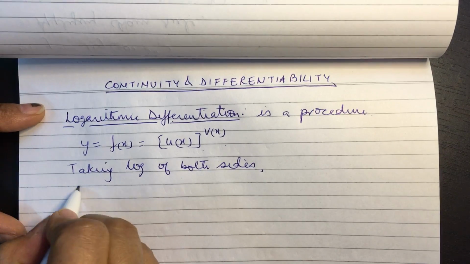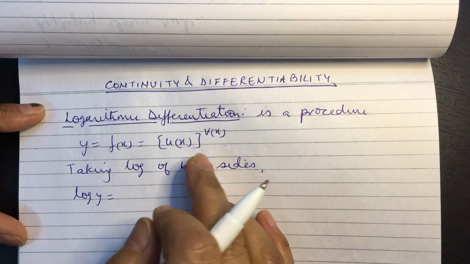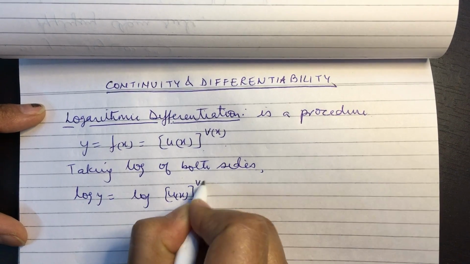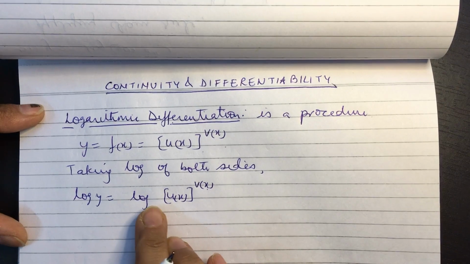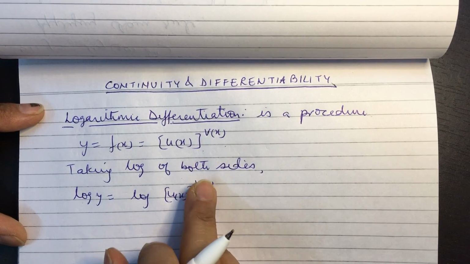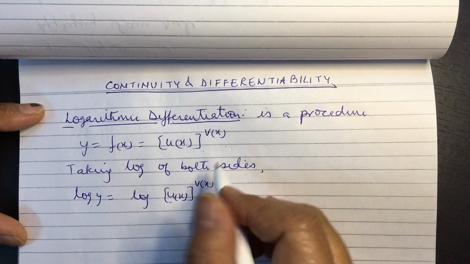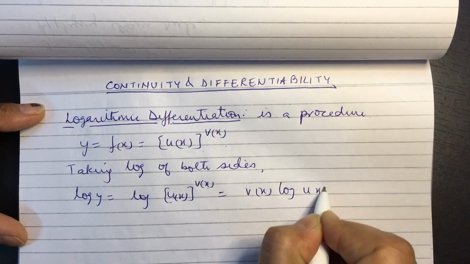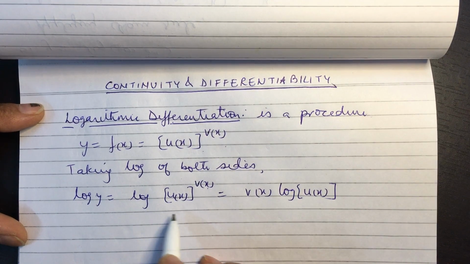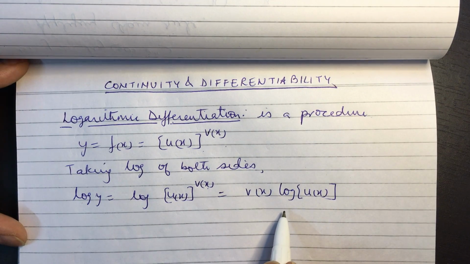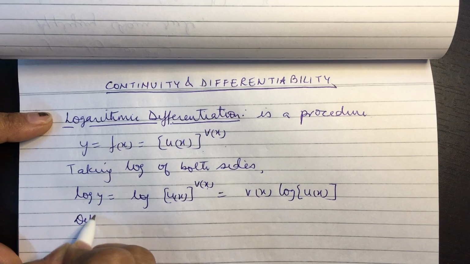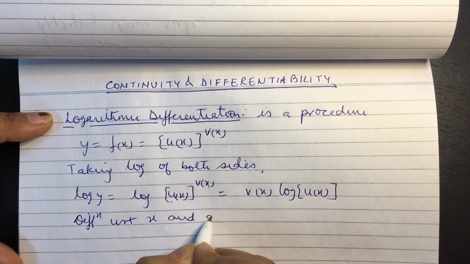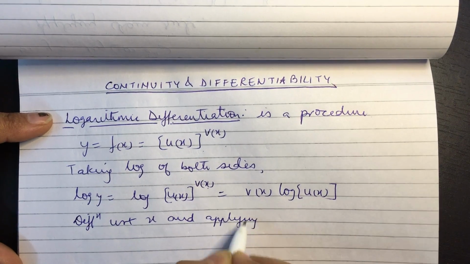What we get is log y is equal to log of u(x) whole raised to the power of v(x), but log converts the exponent into a product. So this becomes v(x) log u(x). Now we are able to apply the chain rule, differentiating with respect to x.